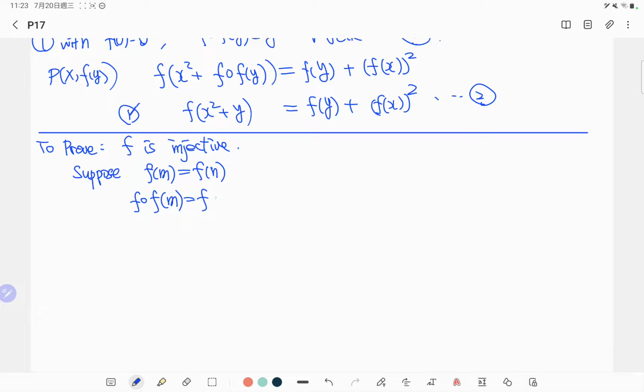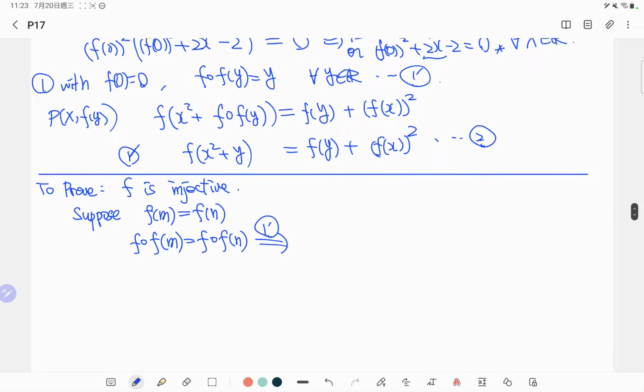So we have f of f of m equals f of f of n. But with equation 1 prime, and of course we can just substitute y to be m and n respectively. So we have m equals n. So this is proof. Okay, so the first property is proved, f is injective.